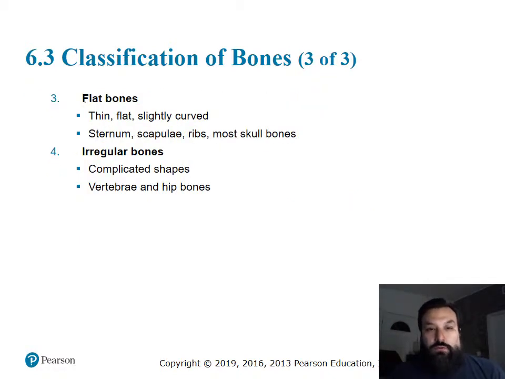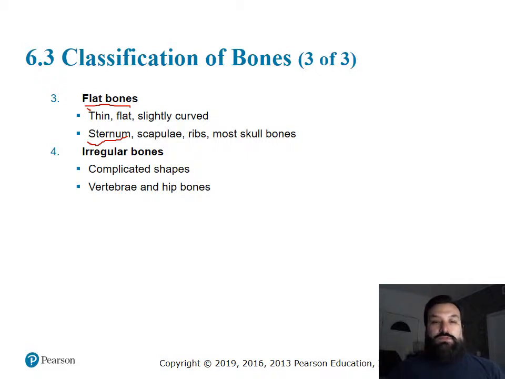Flat bones, right? Just as the word indicates, flat bones are nice and thin, nice and flat, if you will. Okay. They're usually slightly curved, so you can see flat bones being curved. So when you find, for example, the sternum, which is your breastbone, it's a bone that runs kind of right here, it's your breastbone.